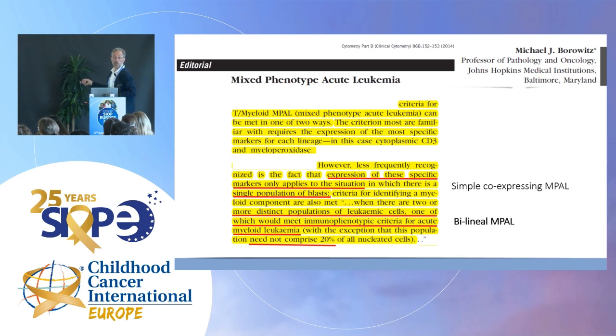One is a simple co-expression MPAL, meaning there is a single clone which has additionally markers of the other lineage. Or what you can have is bilineal or multilineal complex MPAL. And this really makes a difference, and what you have to do by immunophenotyping is find that difference.